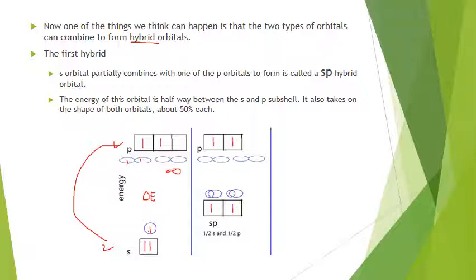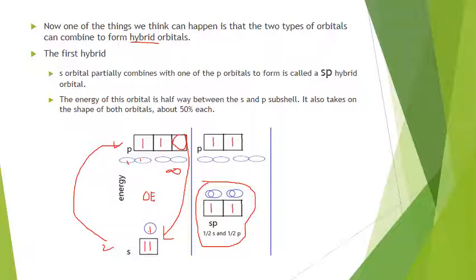So one of these p's, let's say this one right here, is going to mix with this one, and it's going to form a hybrid that's part S and part P. So it's going to be half P and half S. It's going to have a higher energy than S, but a lower energy than P, and if you draw it, it's going to look half S and half P in terms of its shape.